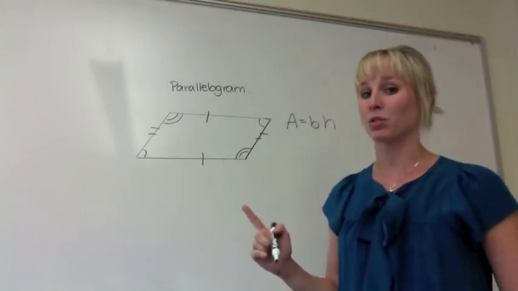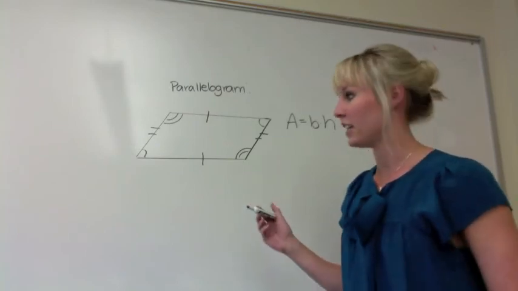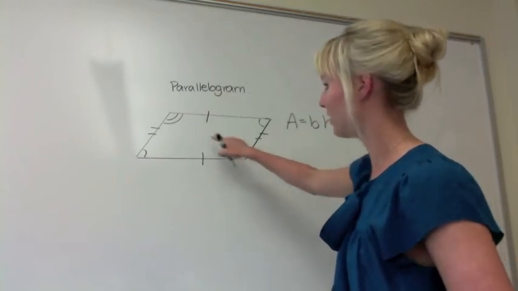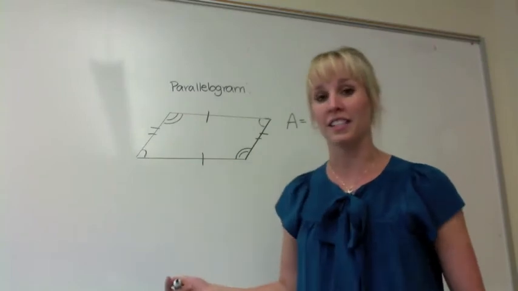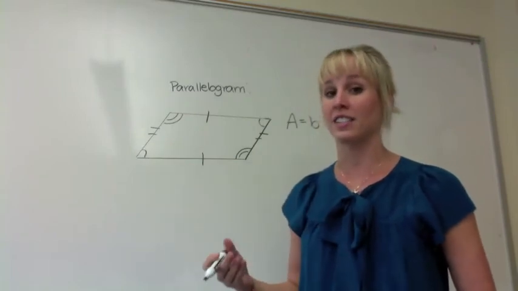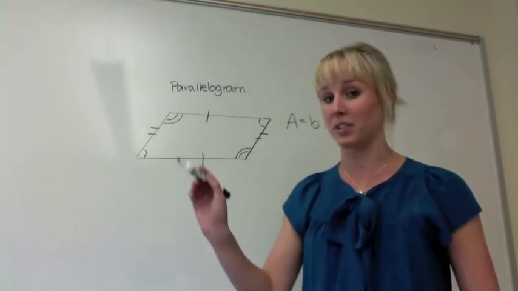One thing that's really tricky with a parallelogram is that this side length is not always the height. The height could be a dotted line that's perpendicular to the base.